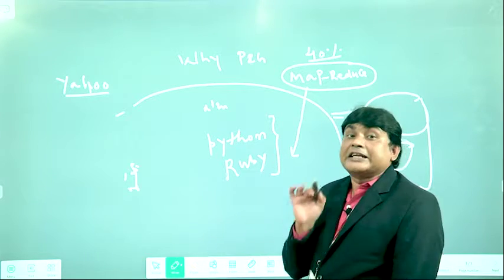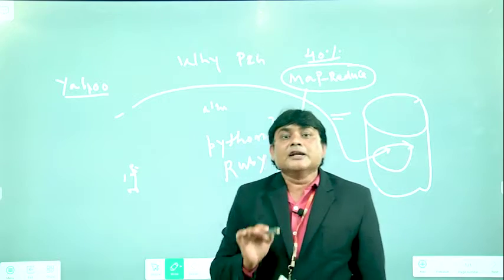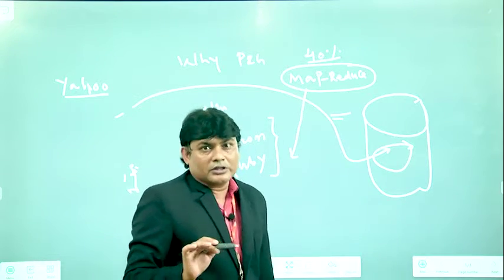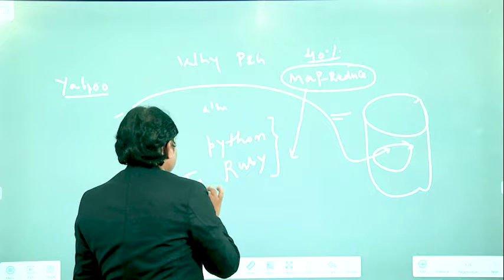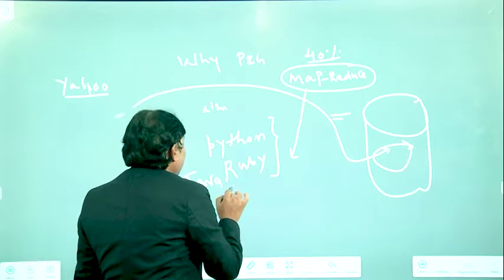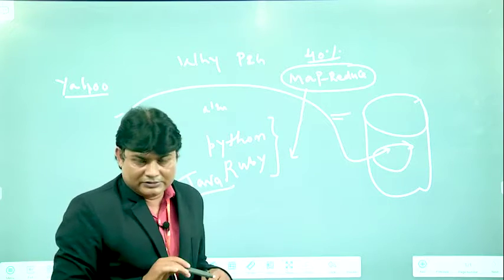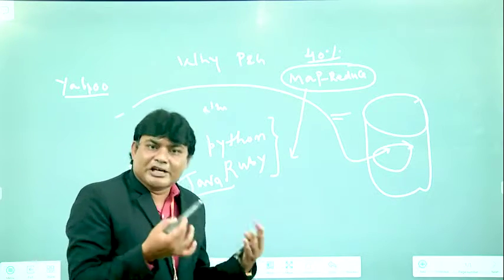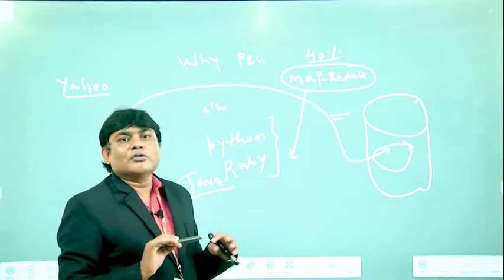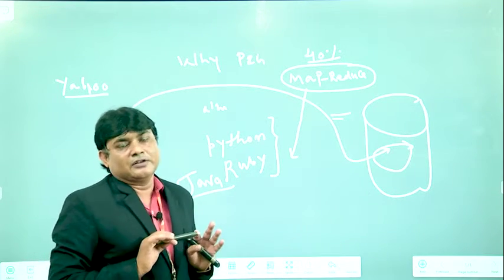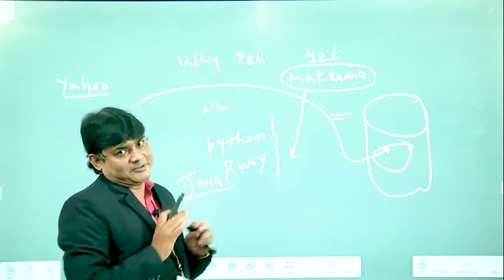But this is a great challenge for Yahoo developers, because they don't know Java, they are non-Java programmers. They don't know how to write a Java program, how to compile, or how to create a jar file. That was the biggest issue Yahoo was facing.